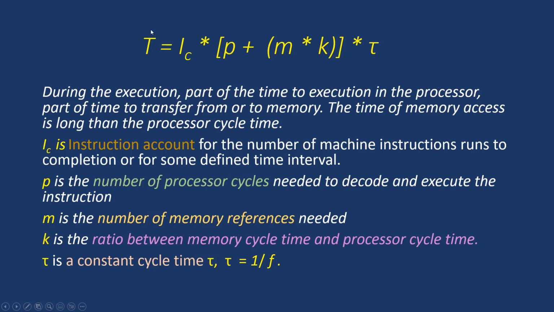So we get the total time. This is the basic concept of the CPI, and using the CPI we can calculate the total time, based on the different versions, the memory access and processor access.